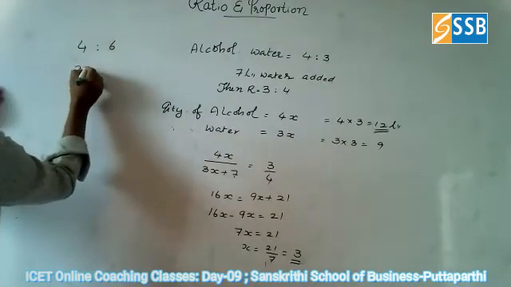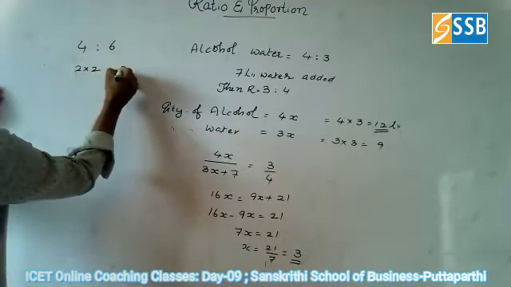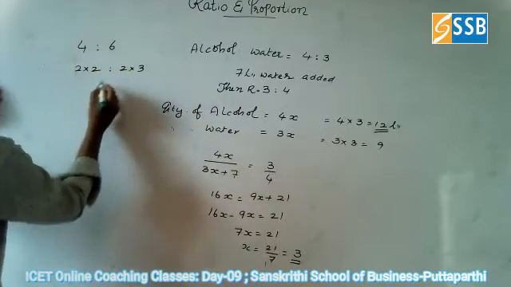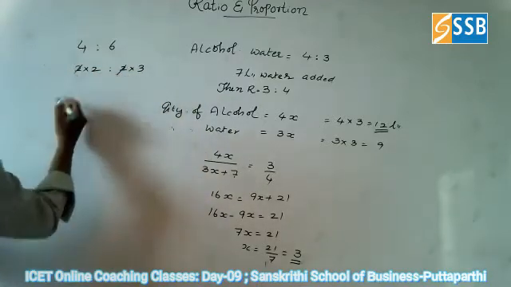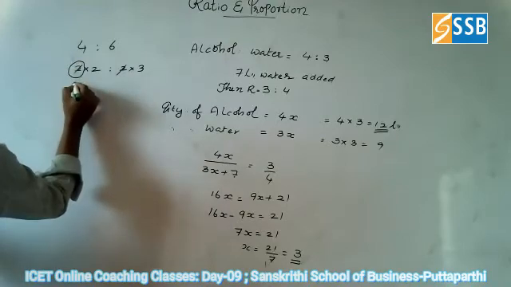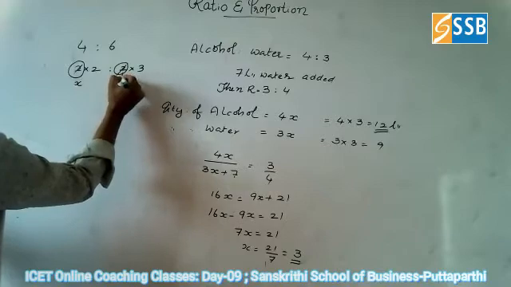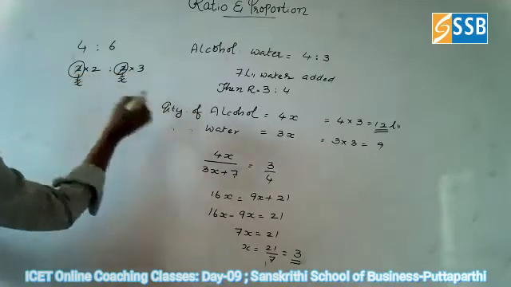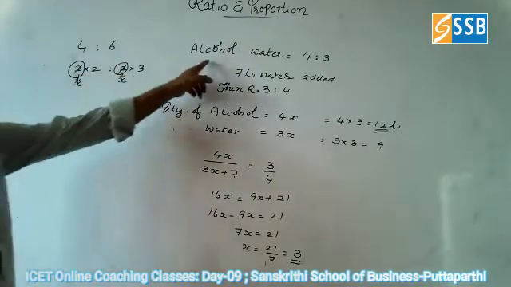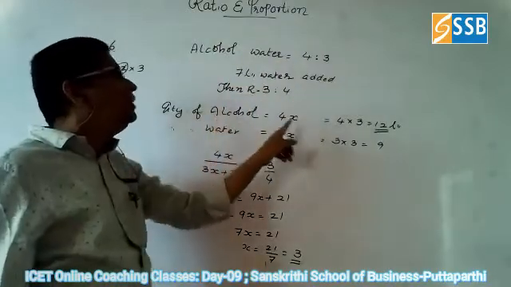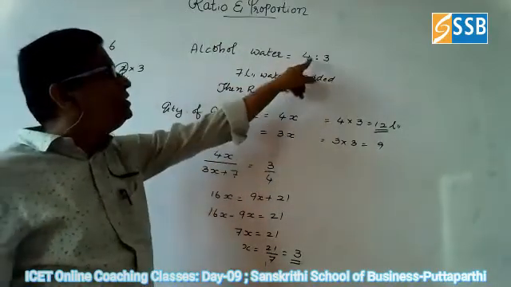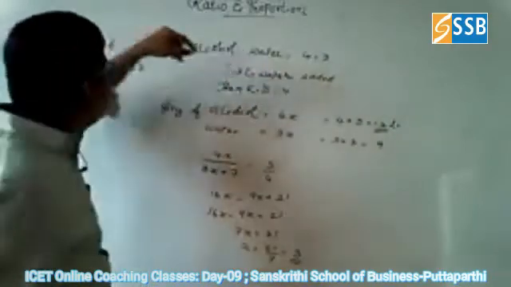I am writing this as 2 into 2, 2 into 3, and the 2 gets cancelled. You are multiplying with a constant number, and that constant number I am taking as x. This is the ratio, but this is the quantity.